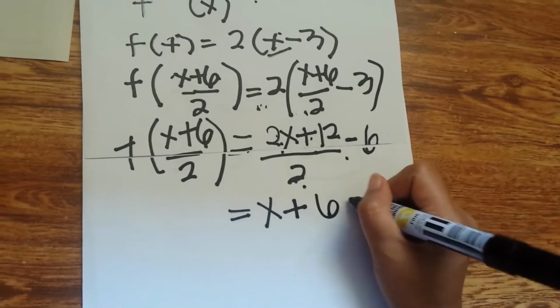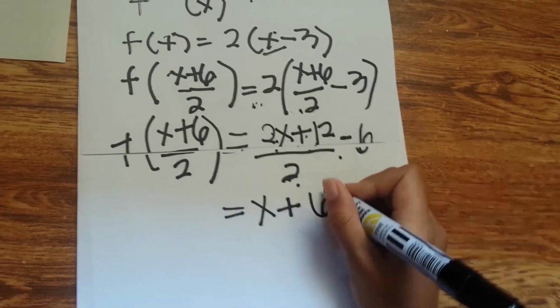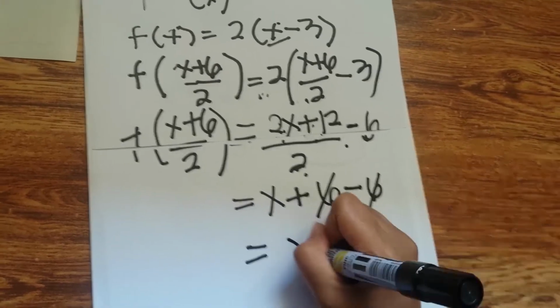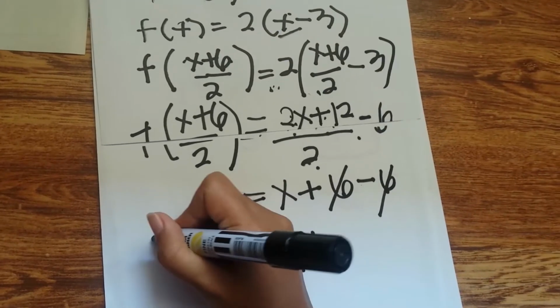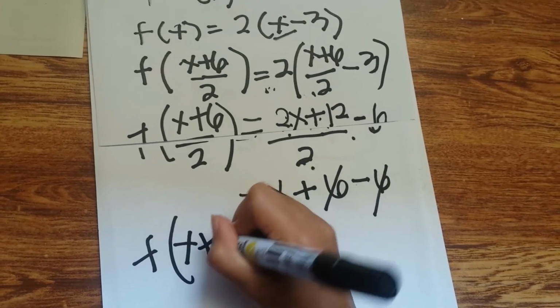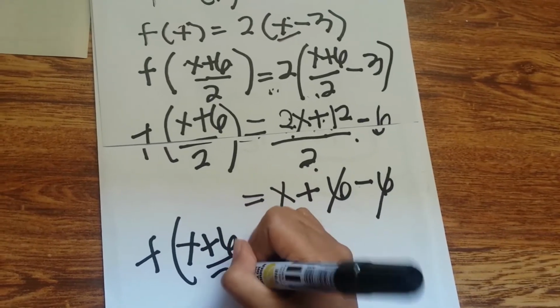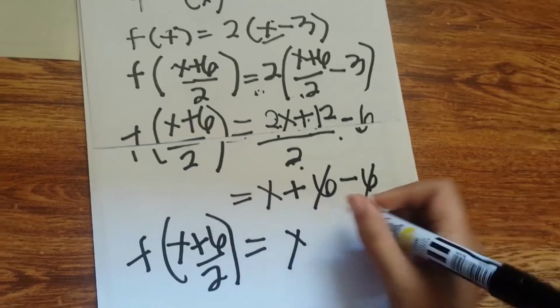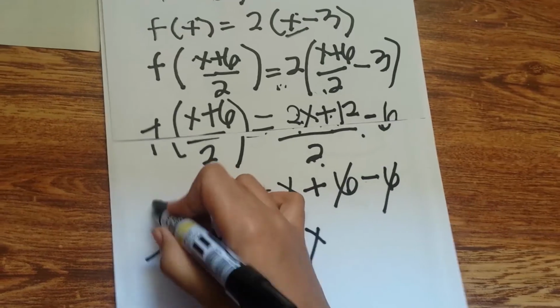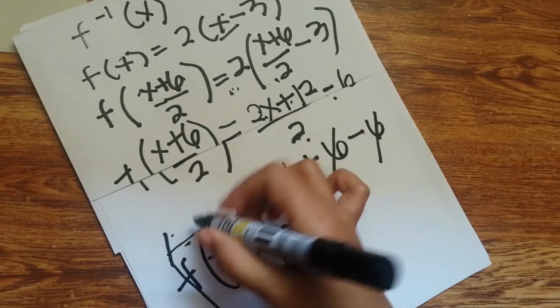Copy the negative 6. Cross this out. X will be left. So this will be our final answer.